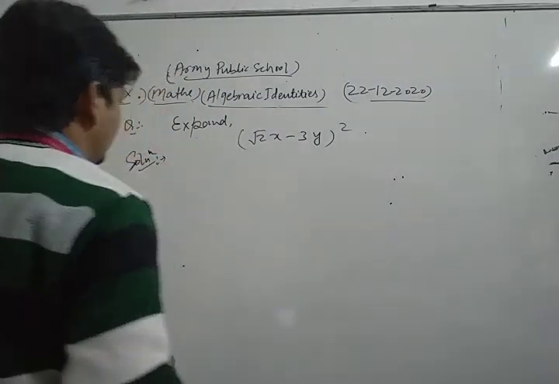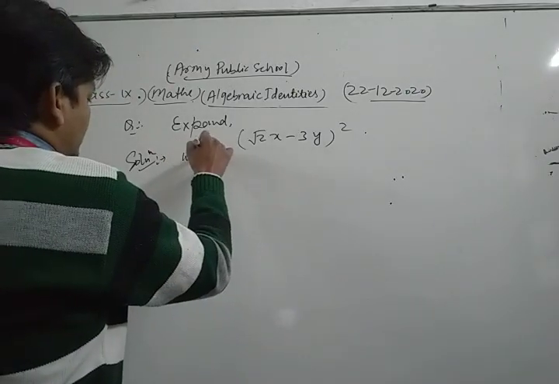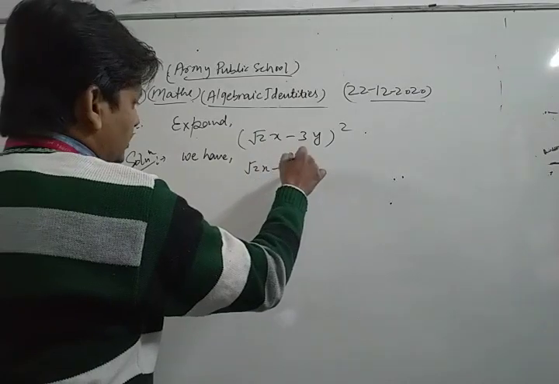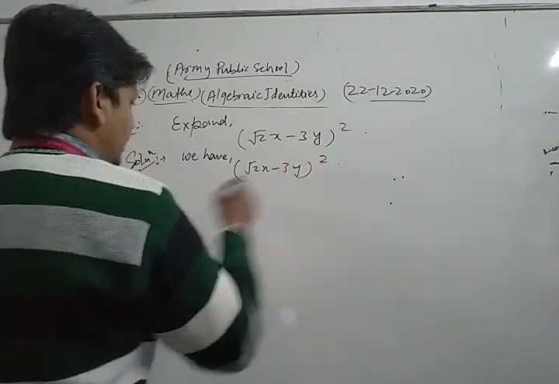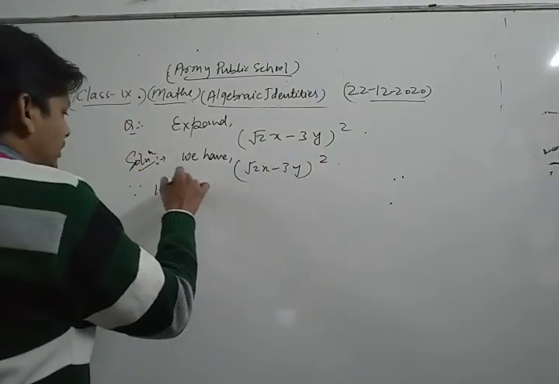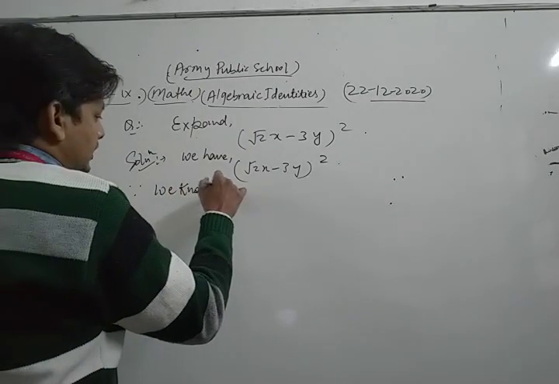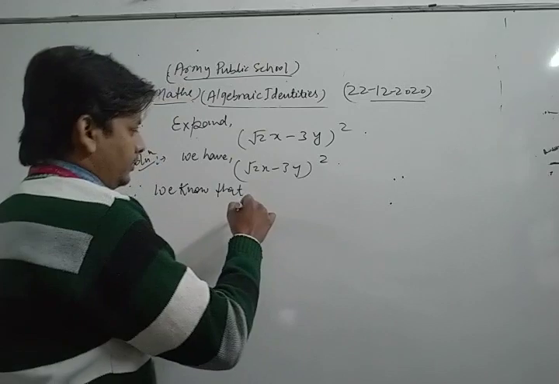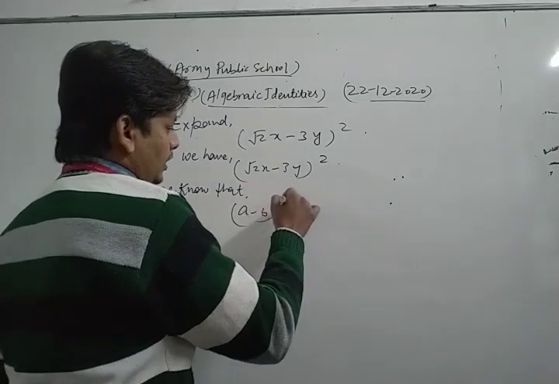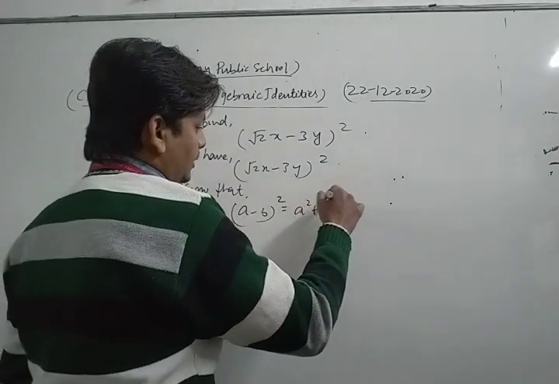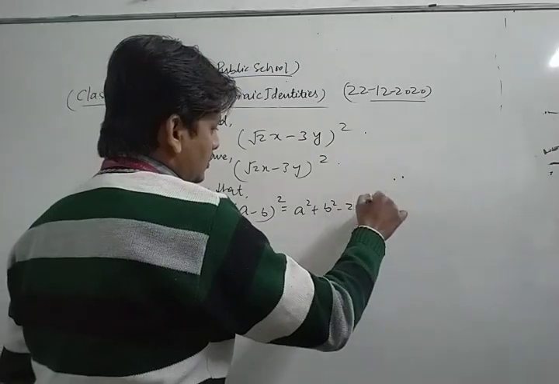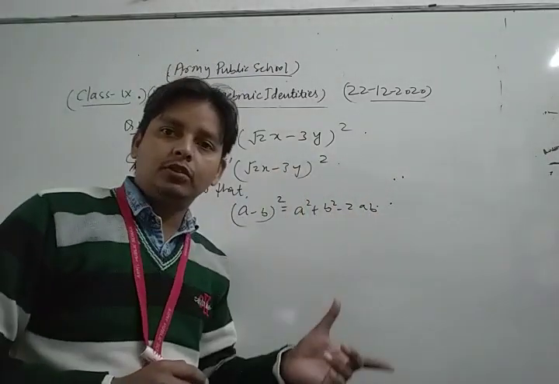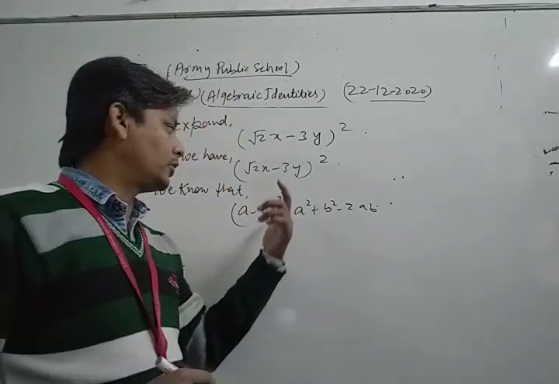First of all, we have (under root 2x minus 3y) whole square. Since we know, dear friends, that the value of a minus b whole square is a square plus b square minus 2ab, we can expand the given question based on the identity of a minus b whole square.